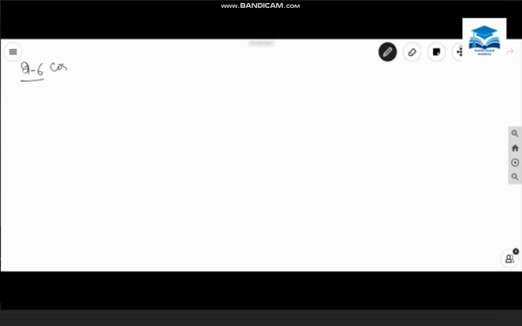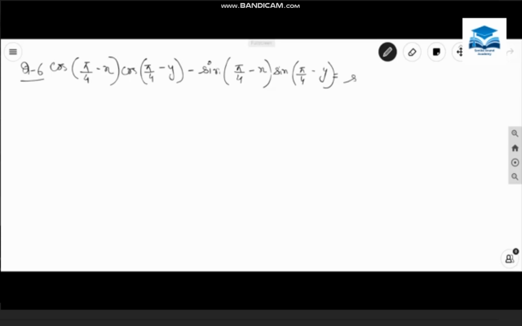We have cos pi by 4 minus x into cos pi by 4 minus y, then minus sin pi by 4 minus x into sin pi by 4 minus y, and we have to prove it is equal to sin of x plus y.